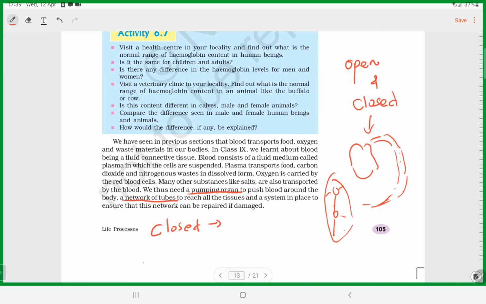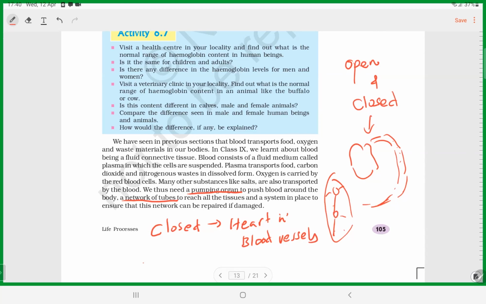Heart and blood vessels form the components of the closed circulatory system.